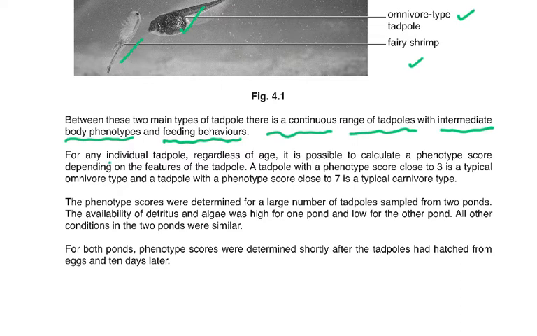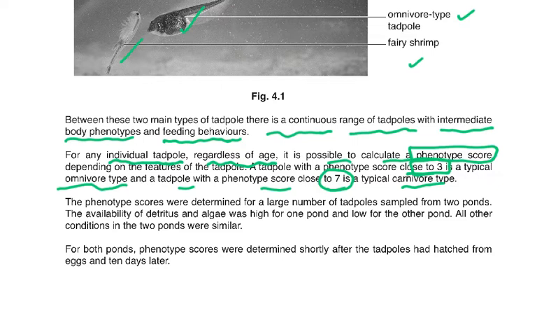For any individual tadpole, regardless of age, it is possible to calculate a phenotype score depending on the features of the tadpole. A tadpole with a phenotype score close to 3 is a typical omnivore, and a tadpole with a phenotype score of 7 is a typical carnivore. So 3 typical omnivore, 7 typical carnivore.